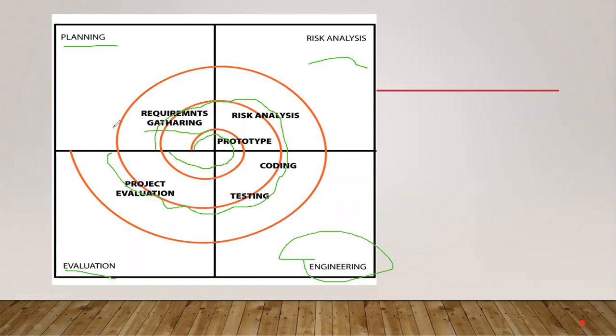Like that you may assume your project execution. So this is about the spiral model diagram. Clear?